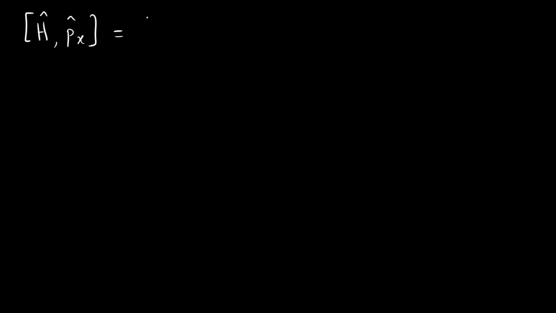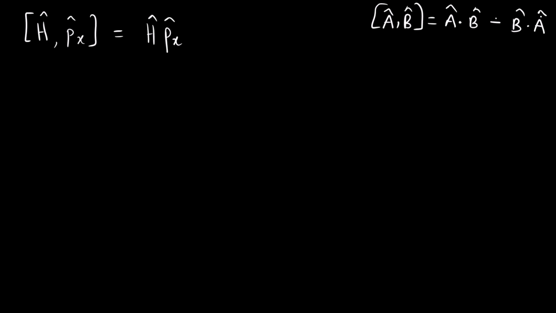How do you write this expression? The general property is that A cap commuting with B cap is A cap into B cap minus B cap into A cap. So this will be H cap into Px minus Px into H cap.